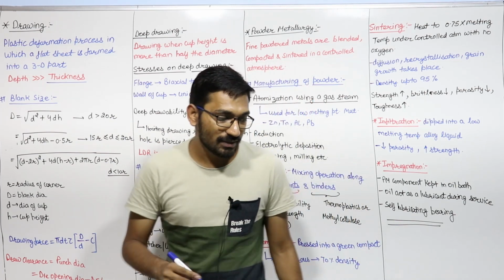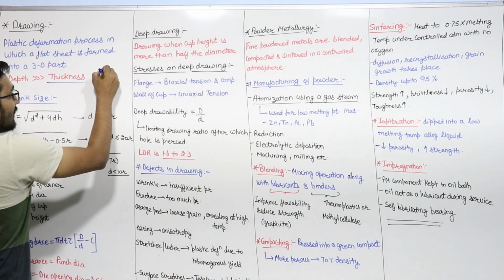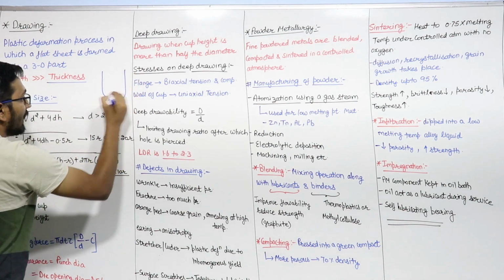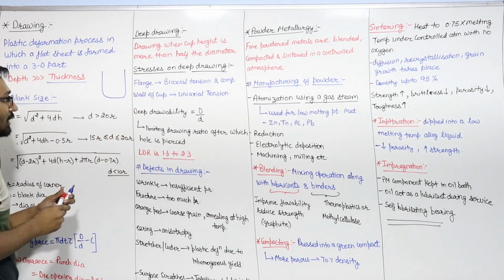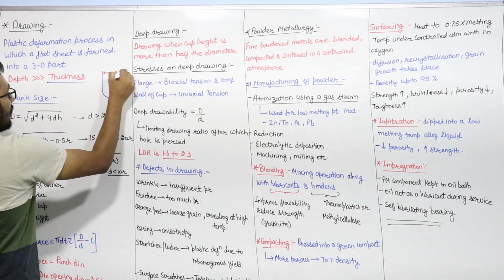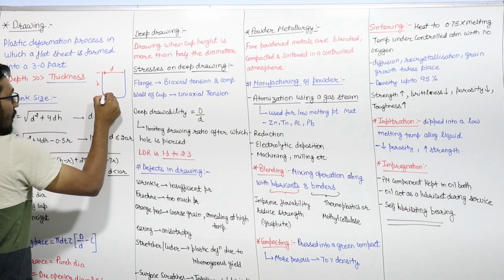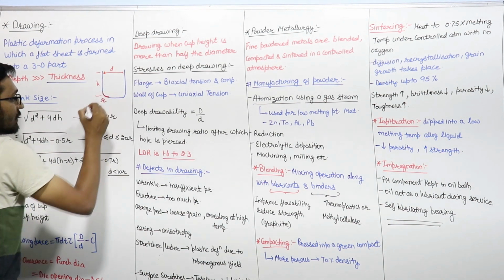Let us say this is the cup you want to make: this diameter is small d, this is your height h, and this corner radius is small r.